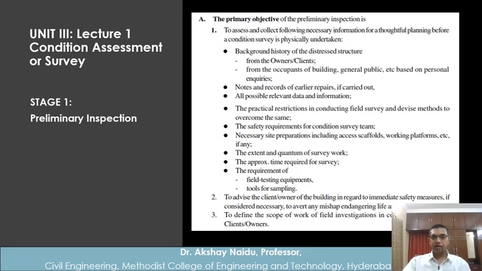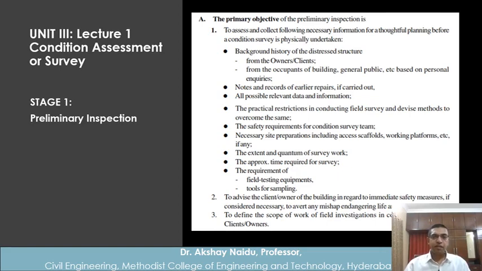Then one of the other objectives of preliminary inspection is to advise the client and owner of the building in regard to immediate safety measures. As soon as you do a preliminary inspection, immediately we get an idea that yeah, this is a problematic place.